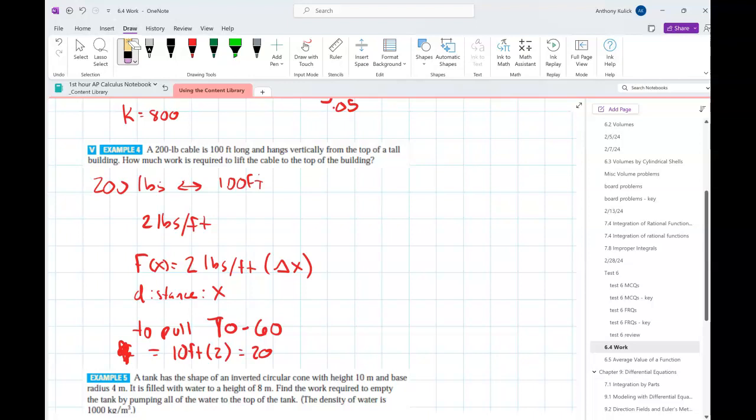Pounds is a weight, kilograms is a mass. Weights are forces, masses are not, right? So they're trying to goober us there.